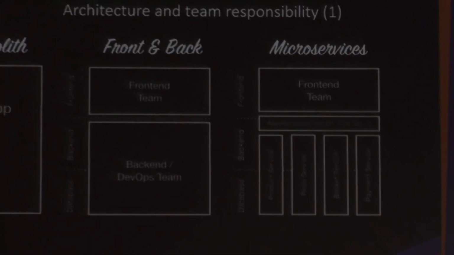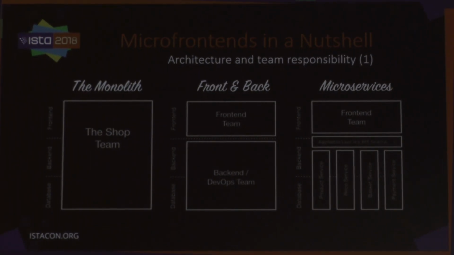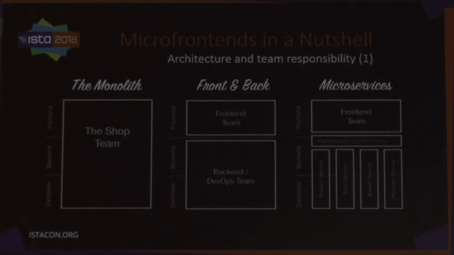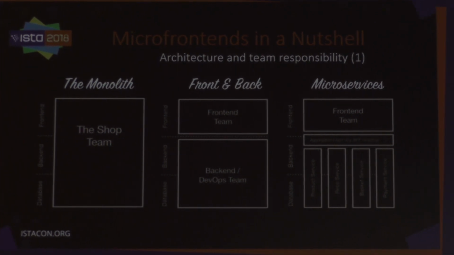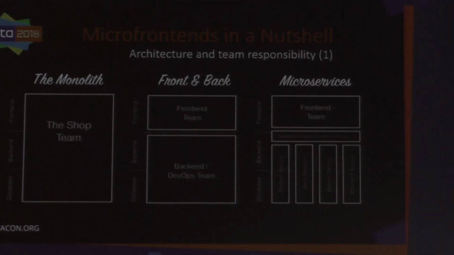And so, actually, what is micro frontends? This is something that I've stolen from a blog. I'm really sorry about that. But it's a very good example of how architecture and team responsibility have evolved in time. Actually, a lot of these principles are still applied if you look into a smaller company, like a startup.